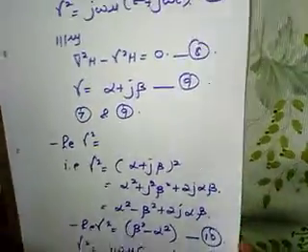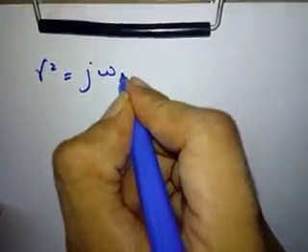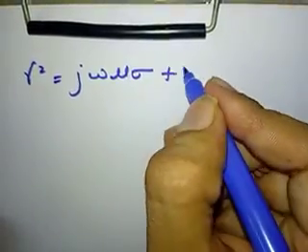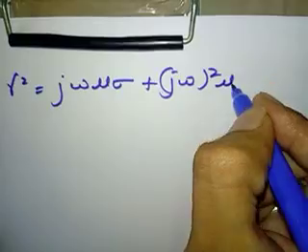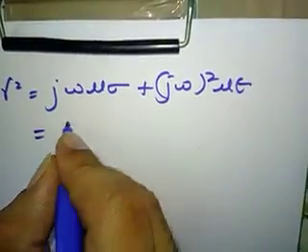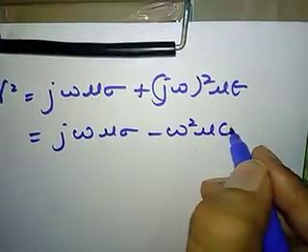So here I can write gamma square is equal to j omega mu sigma, I am just expanding the equation, plus j omega square mu epsilon. So this will be j omega mu sigma minus omega square mu epsilon.